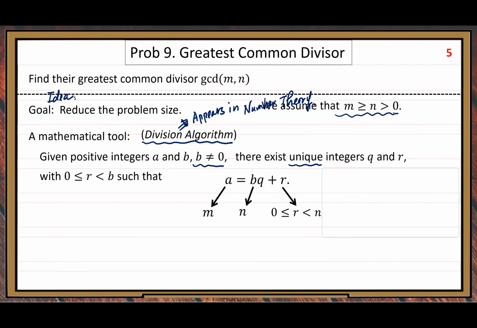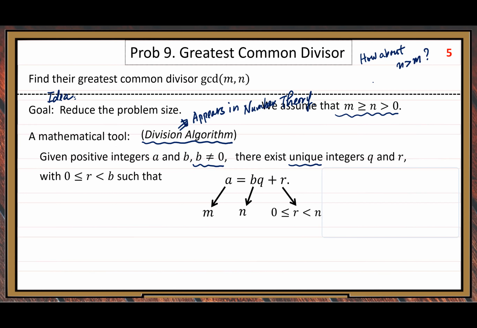If not, we switch, because you may ask, how about when we are given arbitrary two integers and N is greater than M?